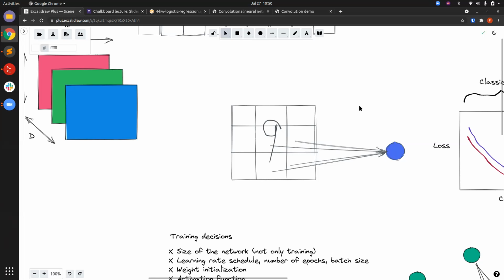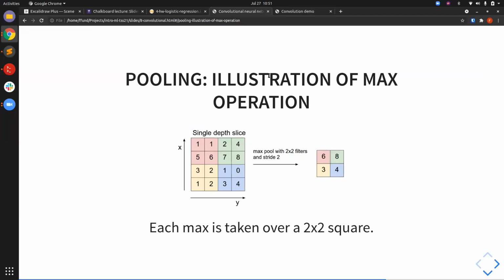So by downsampling, I smooth that out so that it makes it easier to learn the class or the continuous output. You can see here, for example, in this part of the image, I took the max, which was 6. Here, I pool these 4 pixels into a max, which is 8, and so on.